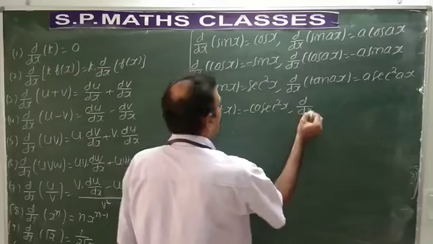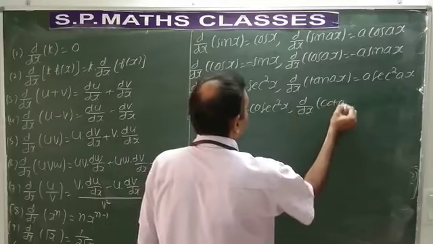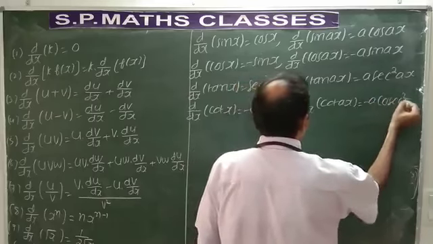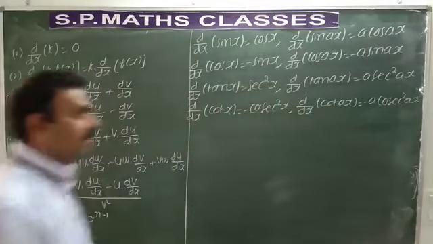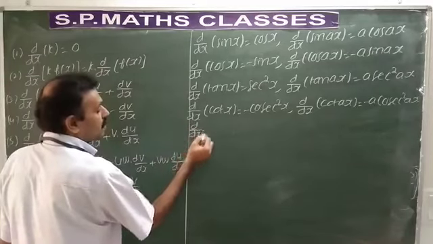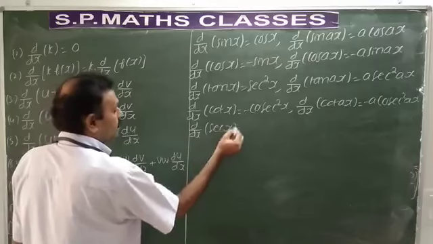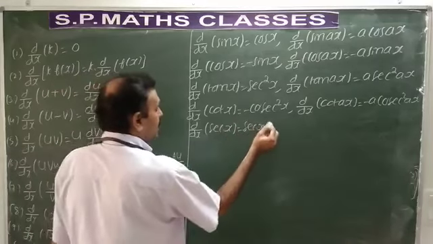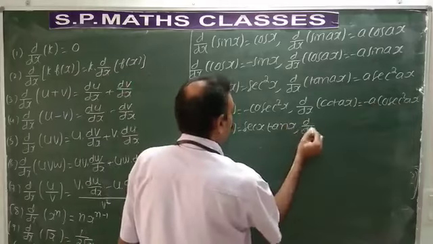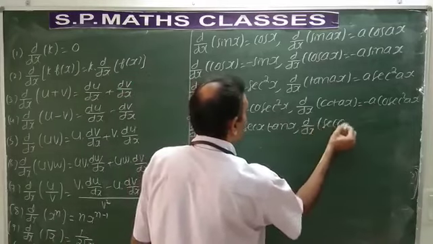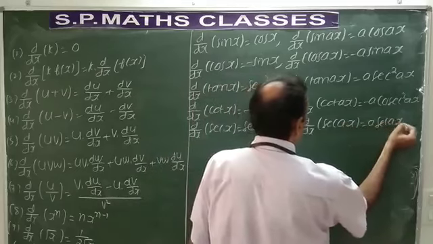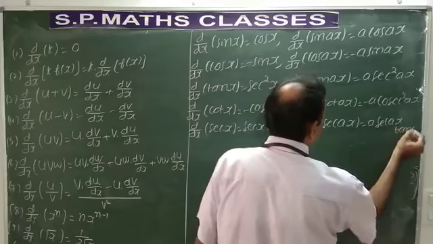So d by dx of cot ax will be minus a cosecant squared ax. That is the formula we have. And d by dx of secant x is secant x into tan x. If you want it for multiple angle, d by dx of secant ax is a secant ax into tan ax. That is the formula.